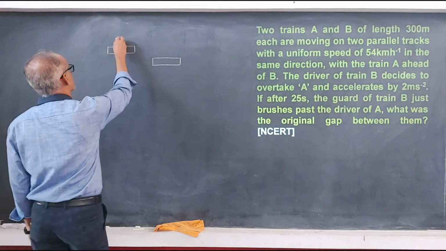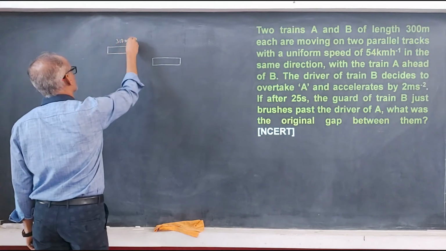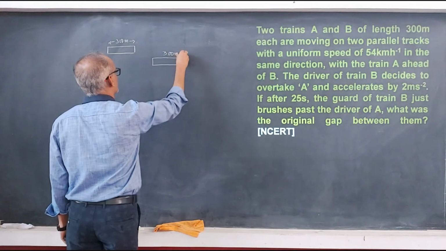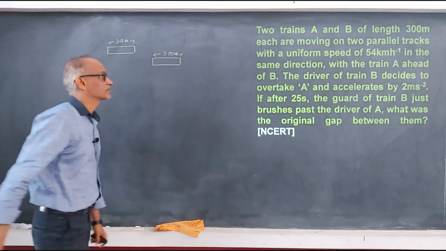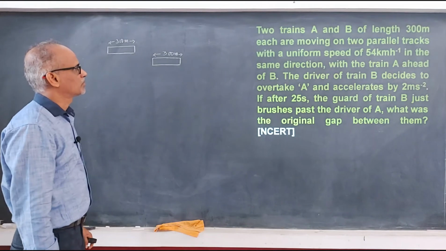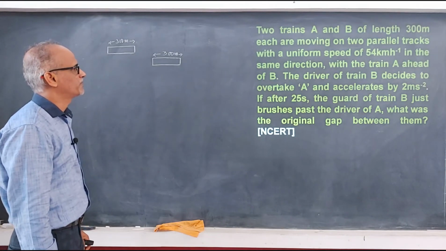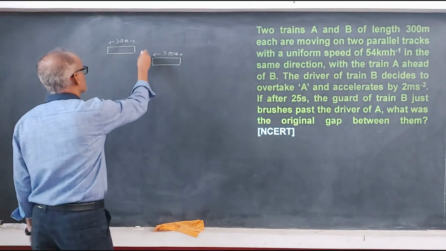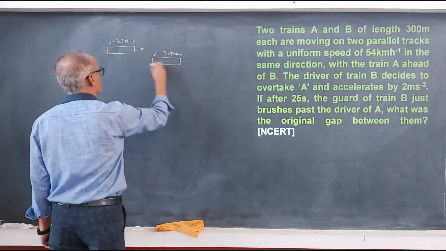Their lengths are given, 300 meter each. They are moving on two parallel tracks with a uniform speed of 54 kilometer per hour. So the speed of both is given here like this. They move in the same direction.